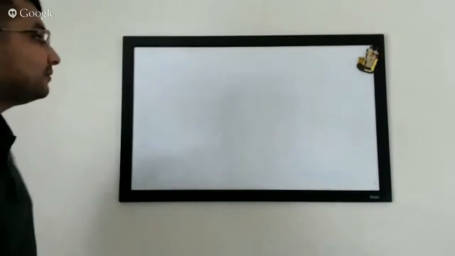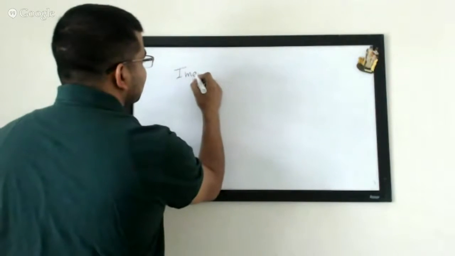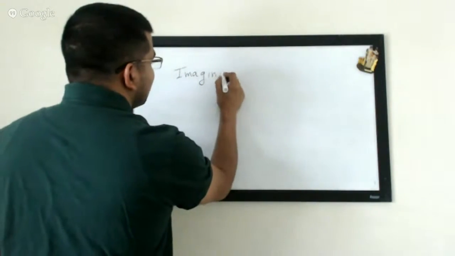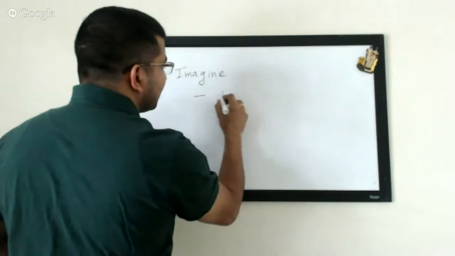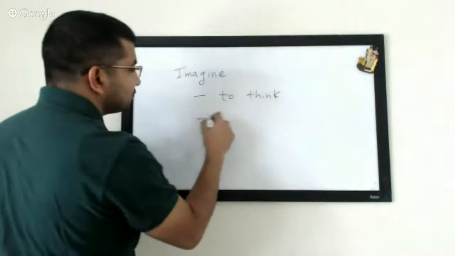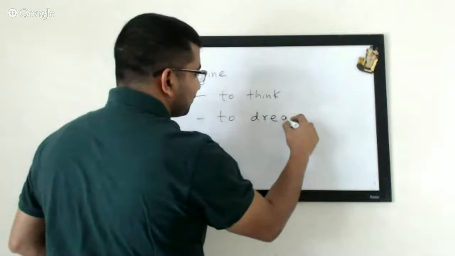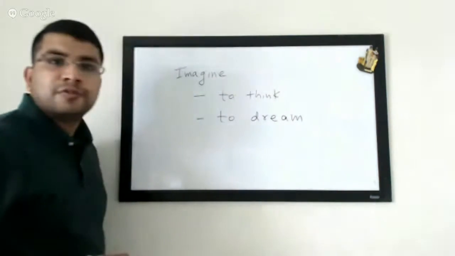So the first one, to write it down, is imagine. And when we say imagine, it's like to think or, to sort of, to dream, right?